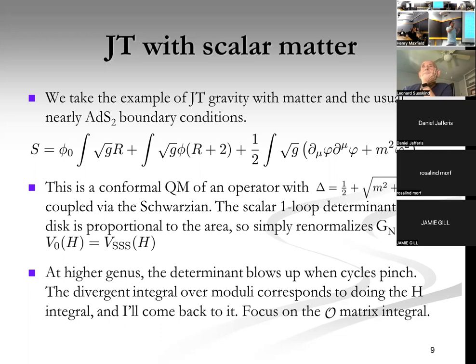I get something finite, and I can reproduce that finite thing. So this matrix model will have exactly the same divergences as JT coupled to matter, and both sides will have to be regulated. I will talk about some regulated matrix models, some of them with slightly different physics, but we'll leave that for now. So we'll imagine we're just going to focus on doing the O integral.